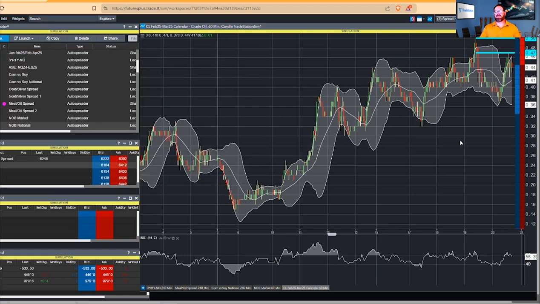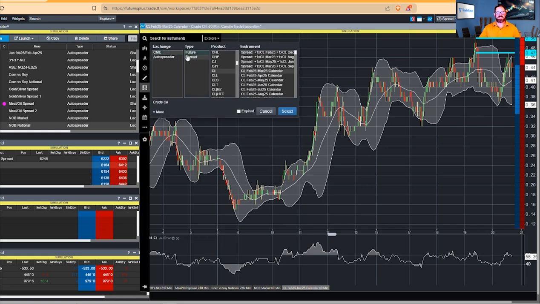Now, the other way of trading this would be, as I said before, to chart the underlying front month, the February contract, and I can create a chart that way too. I simply go here, search for securities, CME, futures, and just chart the front month contract only, CL, February, select.